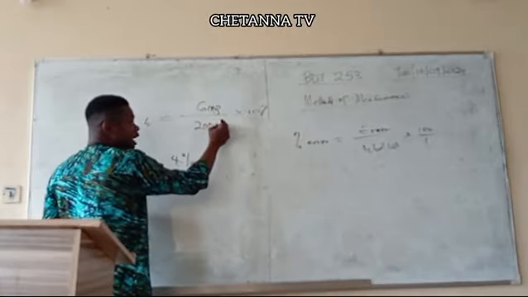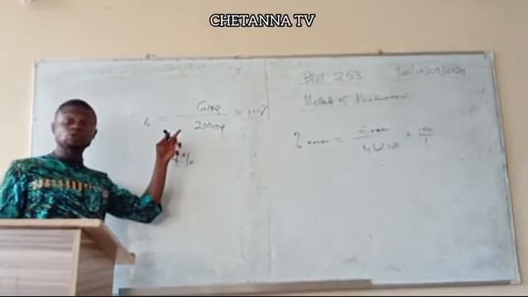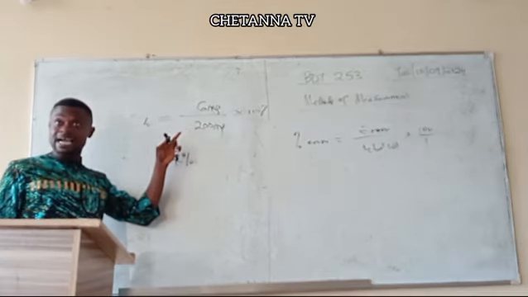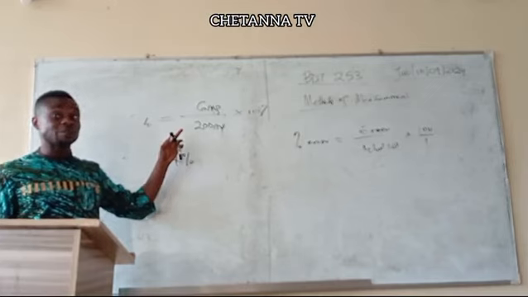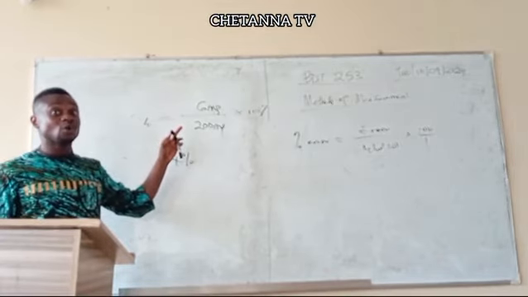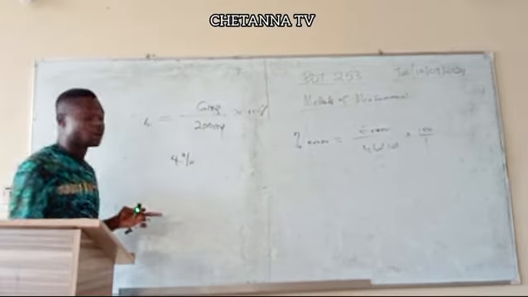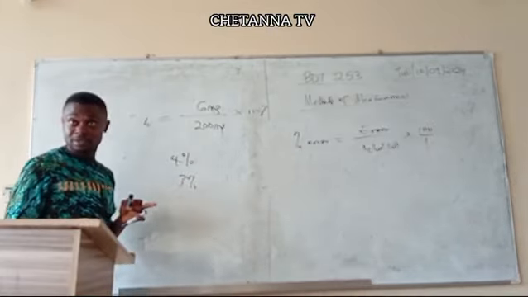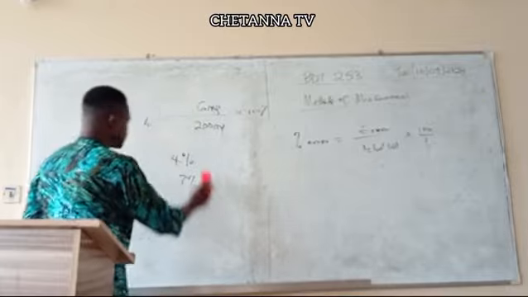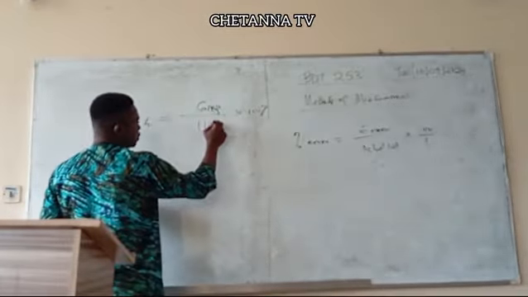Can I weigh 200 milligram with this? Yes, I can. Has it reached the maximum? Maximum is 150 gram, right? So if I weigh 200 milligram, what is the error? Is it permissible? Yes. Now let me weigh 110 milligram.